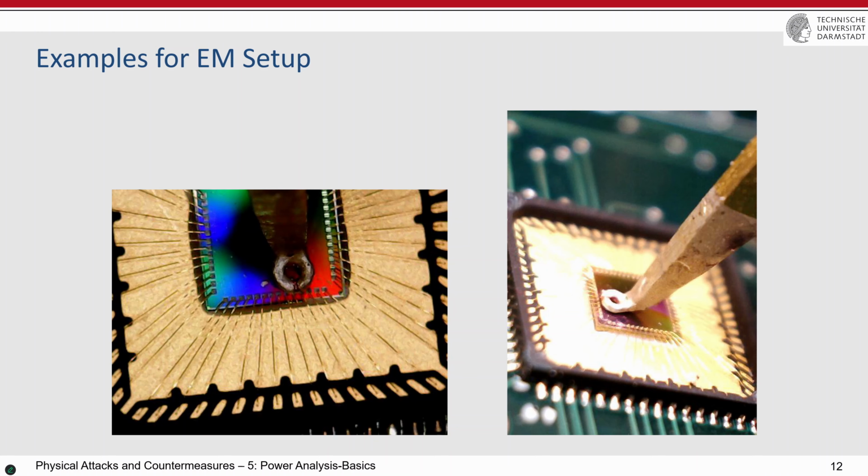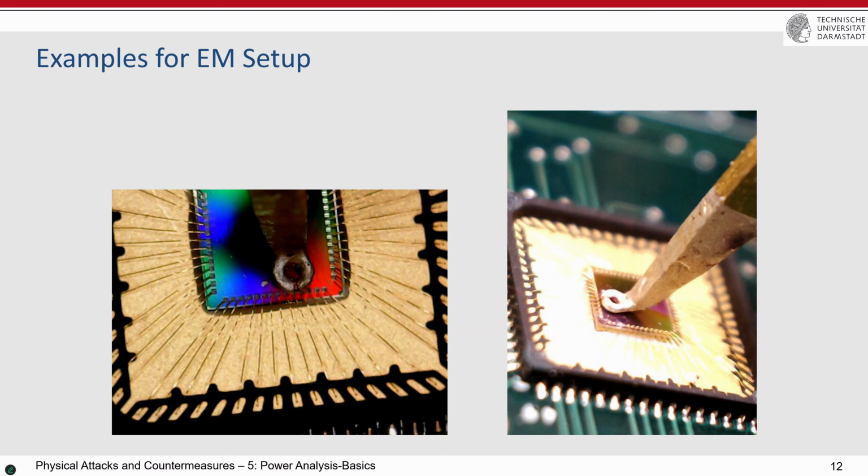You have to use some XYZ tables, either manual or motorized. You change the XY position to put the probe at the top of the chip and find the location. You should go through some programs which scan the entire position of the locations of the chip and find one appropriate position to attack.